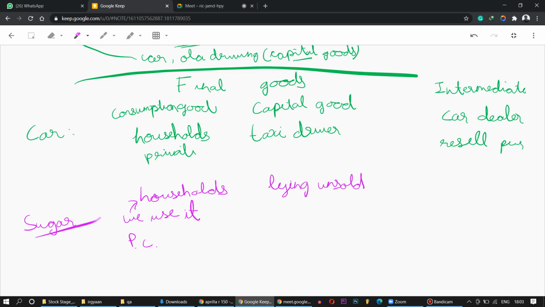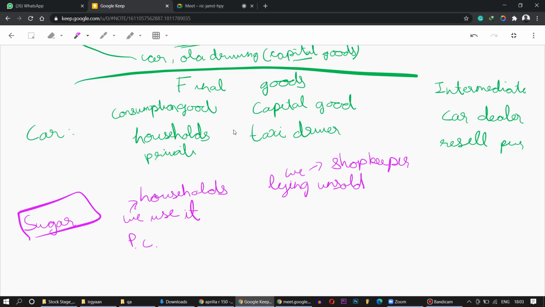Sugar is the final good which is with me, lying unsold, and here we refer to the shopkeeper. This should be seen from the perspective of the shopkeeper. Many people find economics difficult because they do not understand from what perspective we are supposed to see. In this case, we have to see as a household.